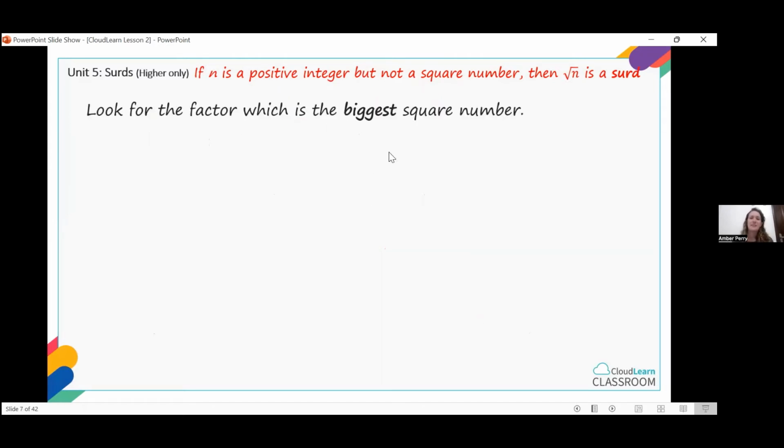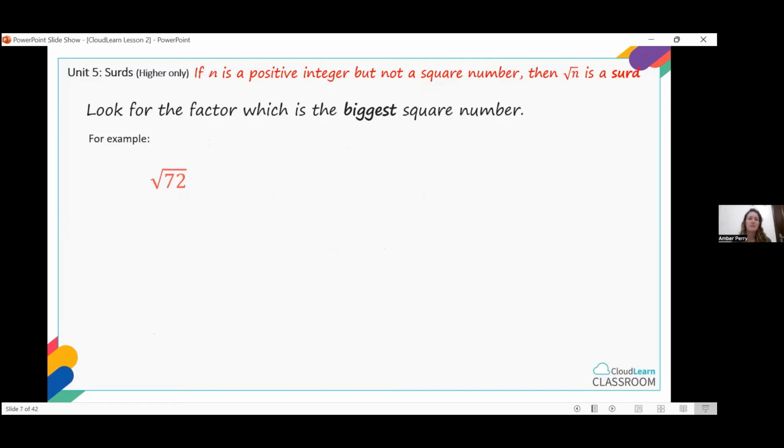Okay, so another hint is when you've got a much bigger number, for example root 72, there's actually a few square numbers that could go into the number 72. There's quite a few factors of 72, so 36, 4, 9 all go into 72. So if you want to simplify a surd quickly, just look for the biggest square number that goes into 72 and simplify that way.